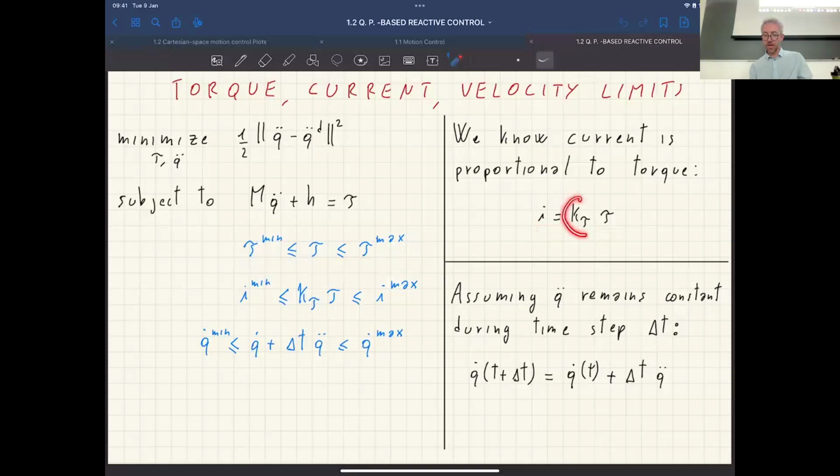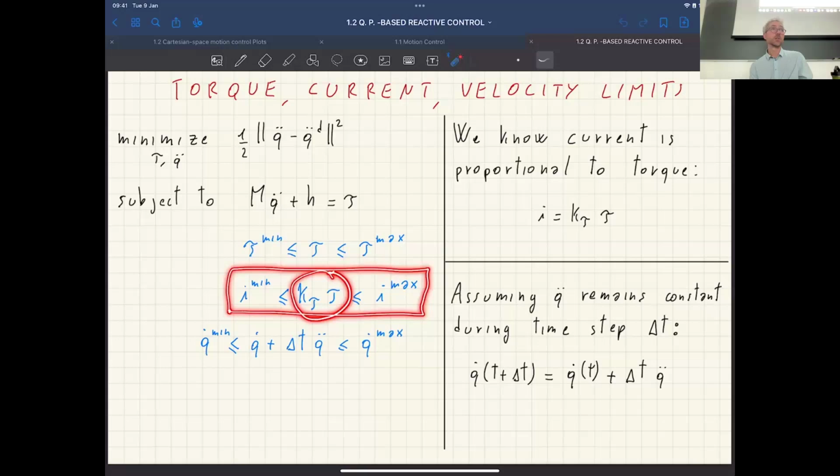This constant k tau depends, of course, on your motor, and you can typically find it in the data sheet of the motors. And so you can write current limits in this way, because what you get here is a linear function of the joint torques. So again, linear constraints.